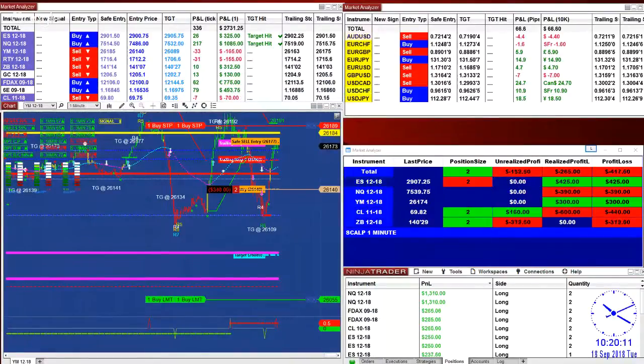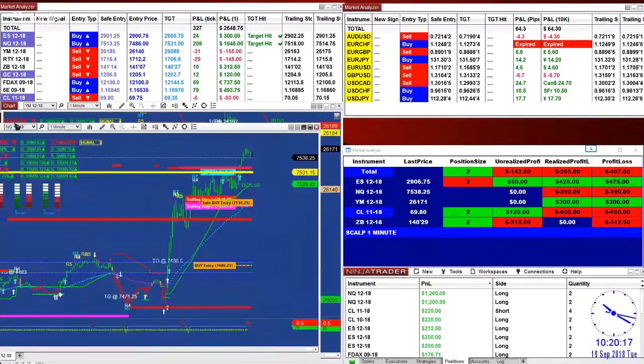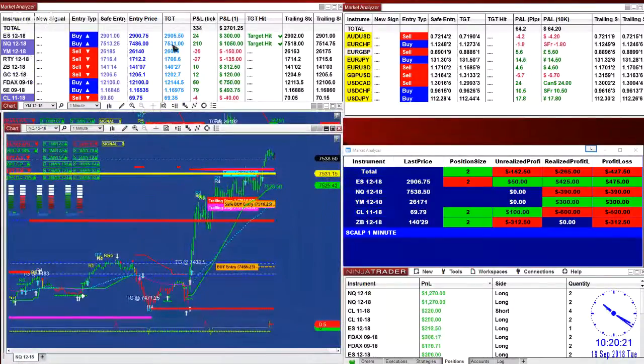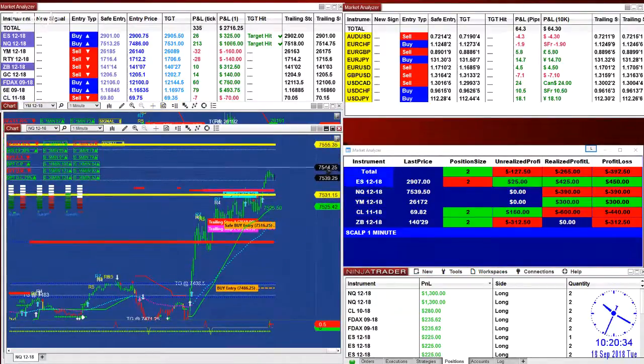And we'll try to find something for the Nasdaq. The Nasdaq already had the signal earlier today, and we are already at 200 ticks, way above the target, so there is not much we can do on the Nasdaq.